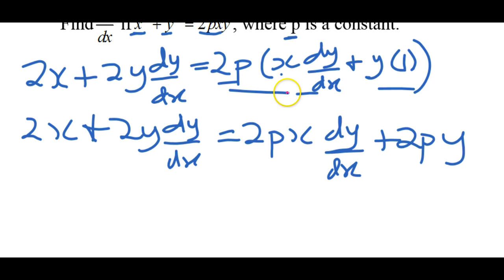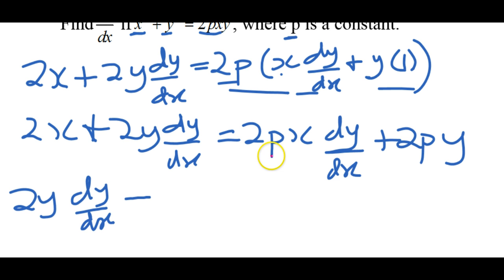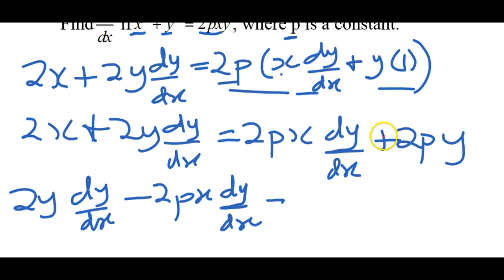Okay, so when I group the like terms, I have 2 dy/dx minus 2px, now this time around here we have 2py minus 2x.